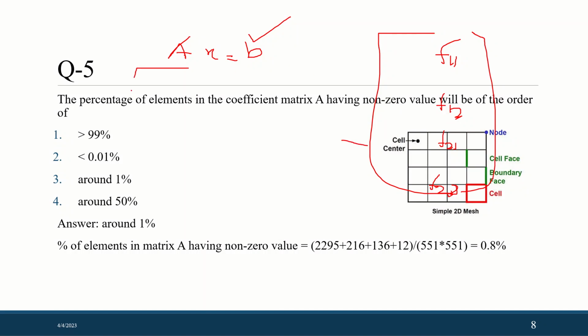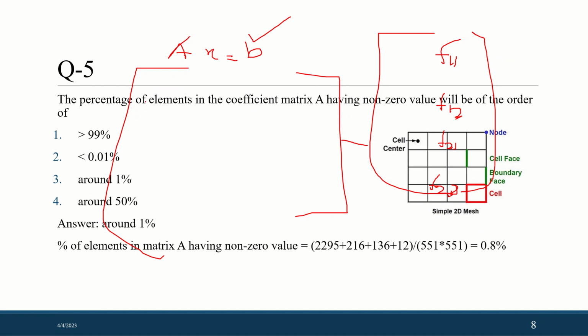And in the A matrix, that is the coefficient matrix, we would be having all these values put together.